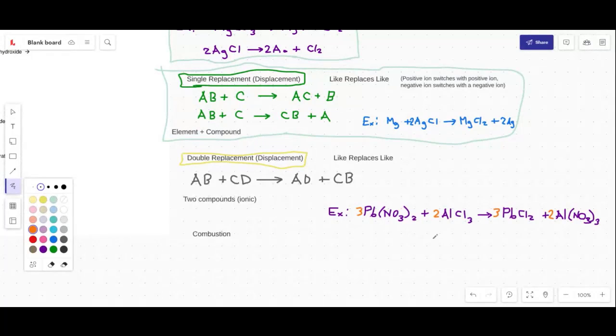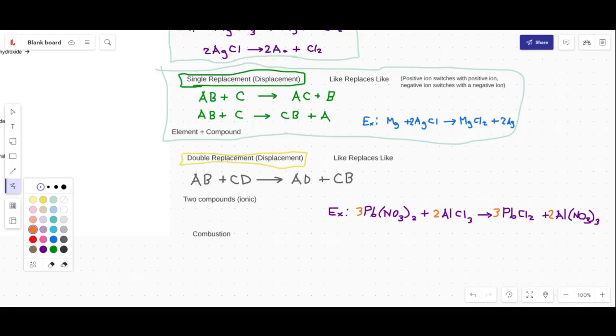Basically, the idea here is that, once again, like replaces like, so the metals are positive charge, the Pb2+ and the Al3+, they're going to switch places. But when they switch places, aluminum is going to go with nitrate, yes, but I have to put them back together according to their charges. Nitrate's a -1, aluminum's a +3, so that's why this is Al(NO3)3.